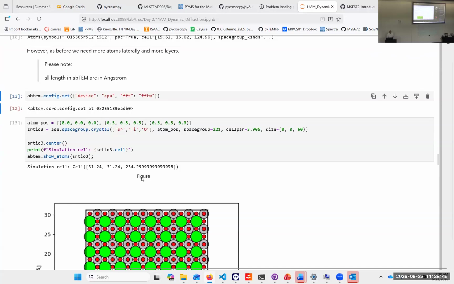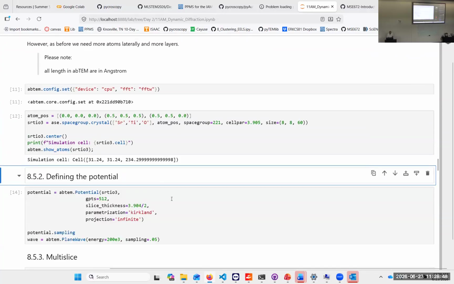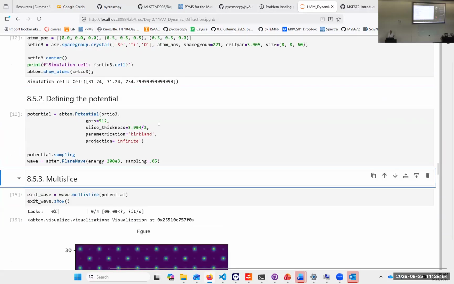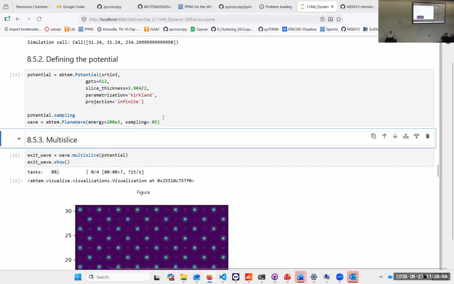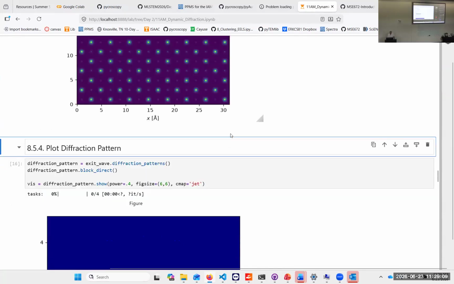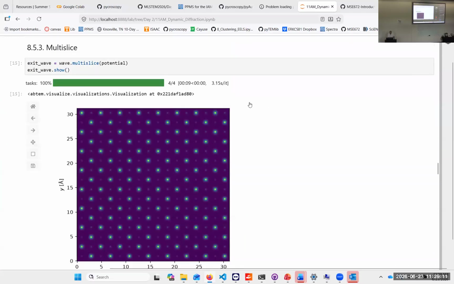So, okay, we make this a bit better, and then we define a potential, and we calculate. So we do our multislice calculation, and we go through that sample that we just had.